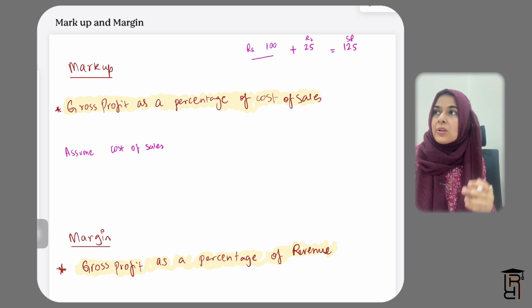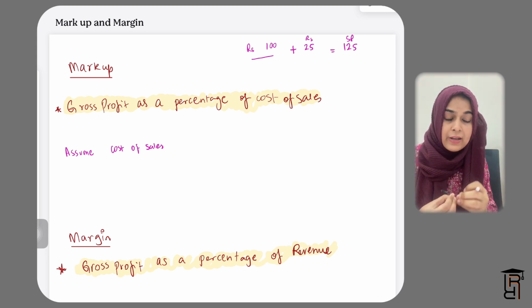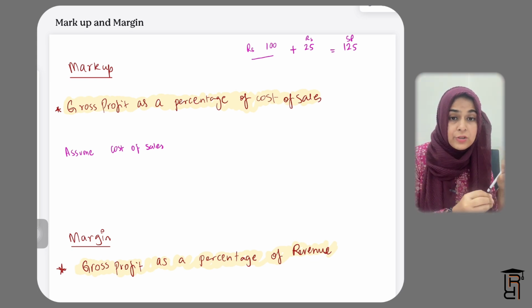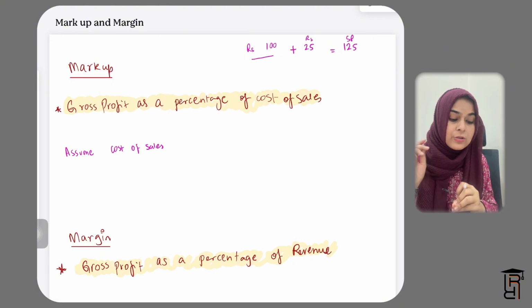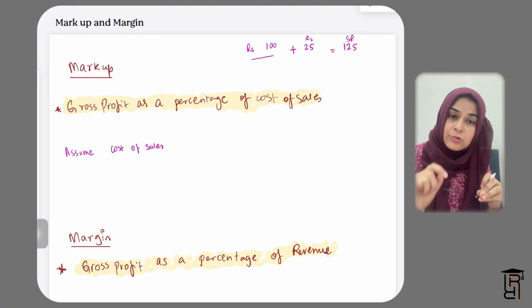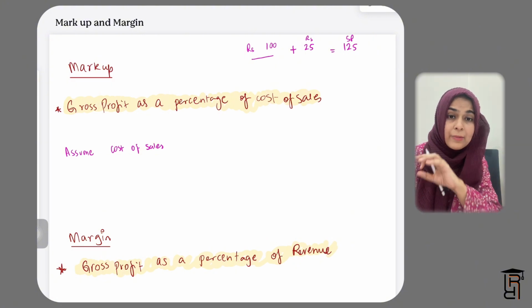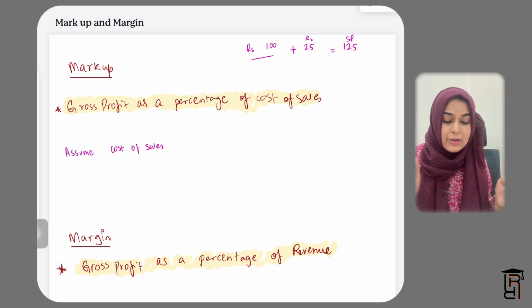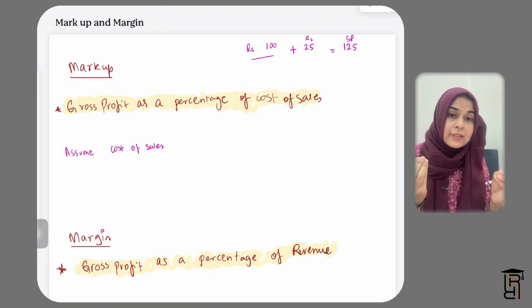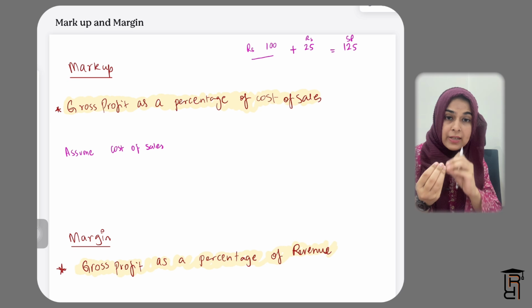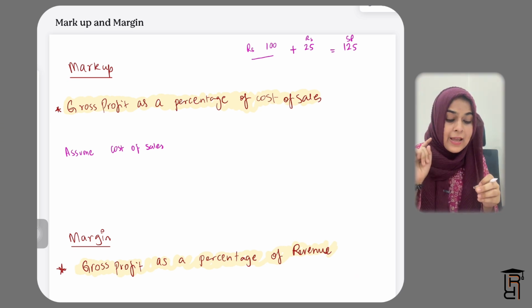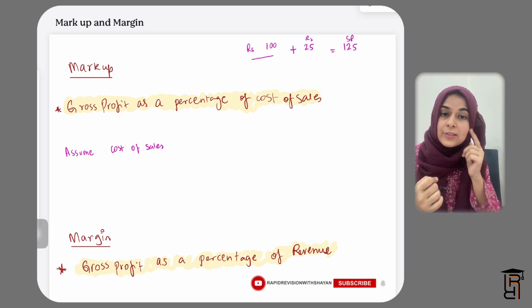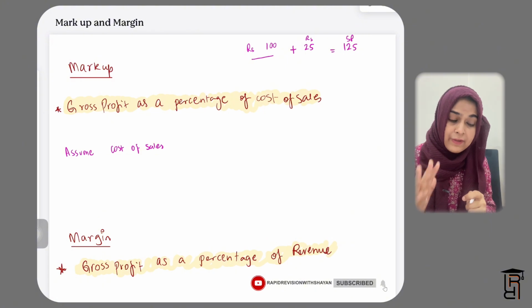So 100 was the cost, we charged a profit of 25, and then we decided that our selling price should be 125 rupees. You should know this in percentage terms, because I'm going to apply this knowledge to questions also. The assumption is that the cost is 100%, gross profit in this case is 25, because I am taking 25 rupees on every pen, and the selling price of one pen will be 125.